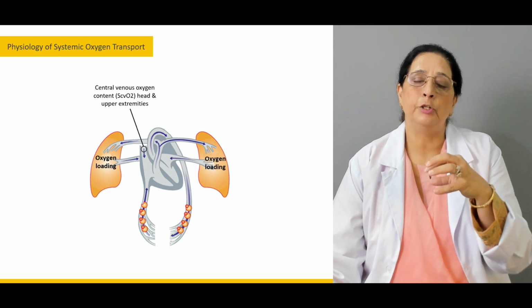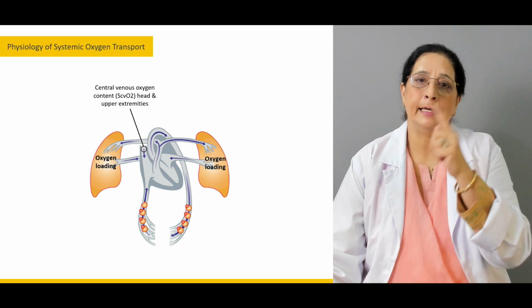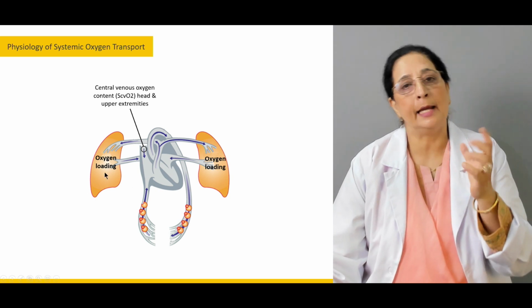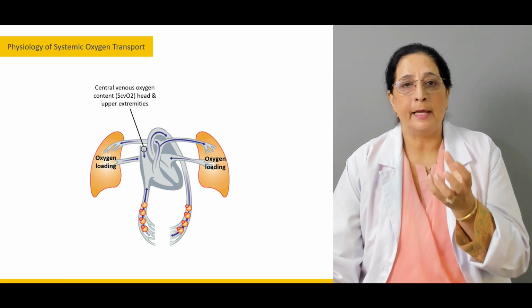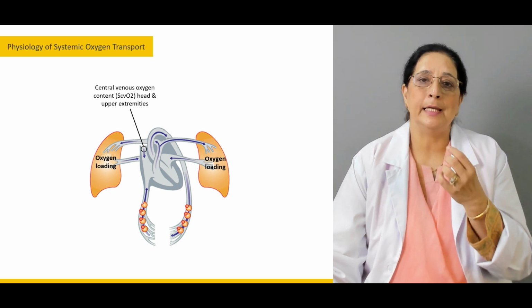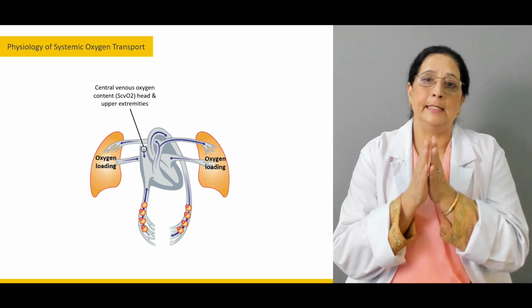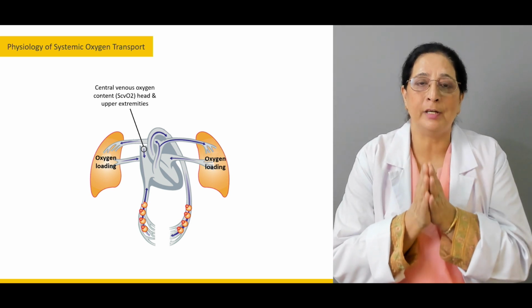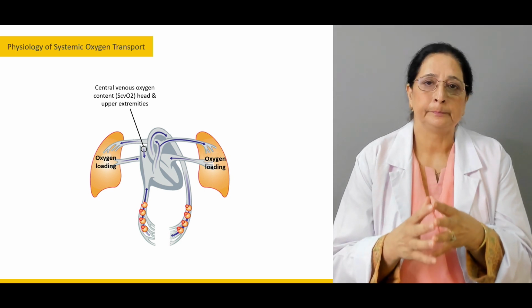It's coming back to the heart, and then from the right ventricle it goes to the lungs and gets the oxygen. And the vessel that carries the blood to the lungs to get oxygen is the pulmonary artery. So remember, at this point, the pulmonary artery is carrying deoxygenated blood.